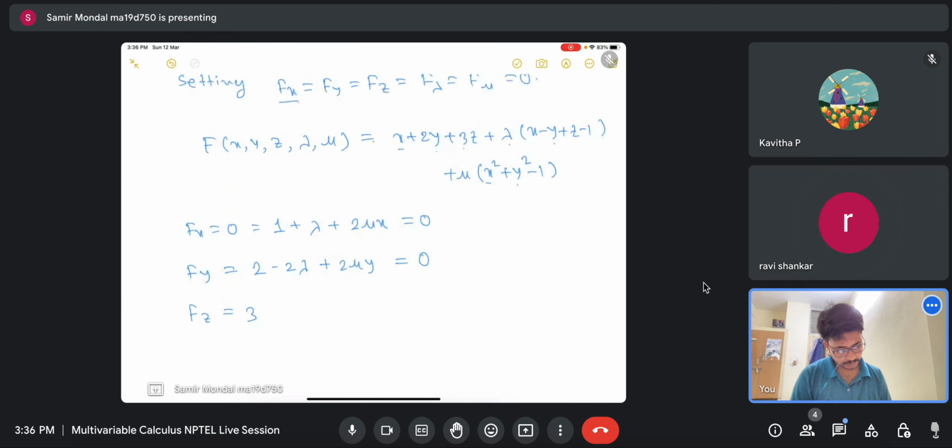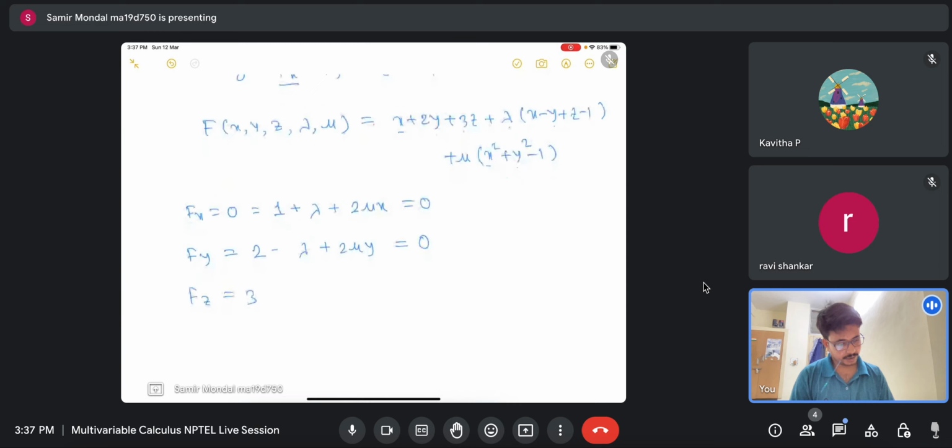Okay, sorry, yes, it's fine. So F_z is 3 plus lambda, since no z is there in the cylinder. So this is 0, and from here we get lambda equal to minus 3.